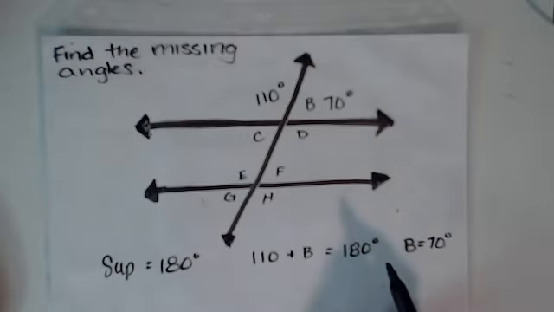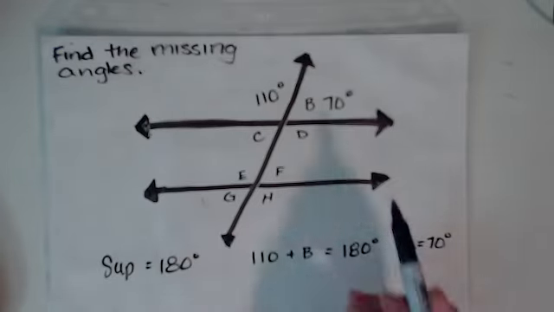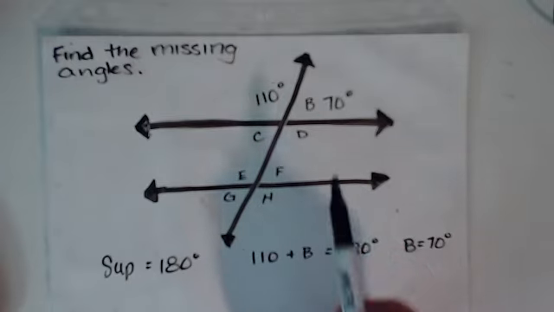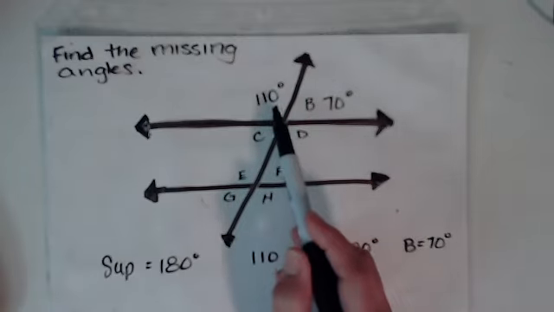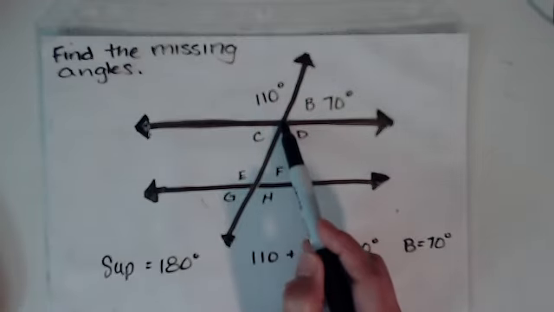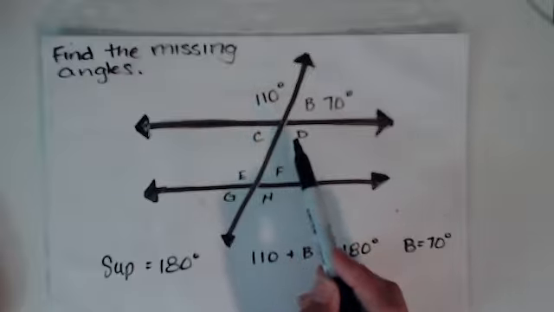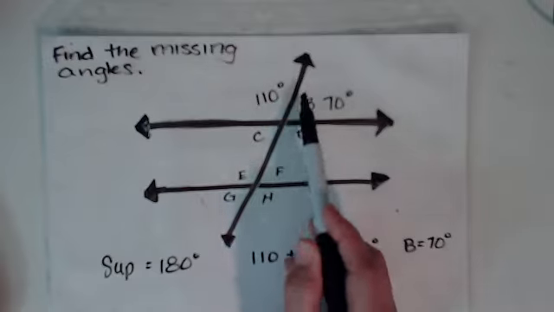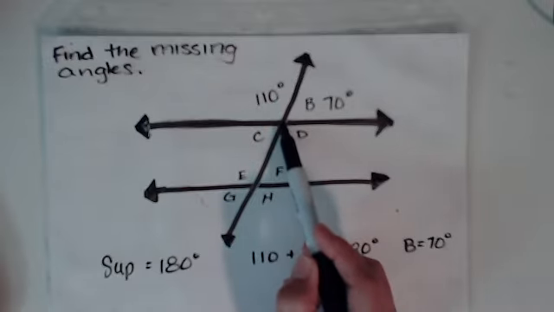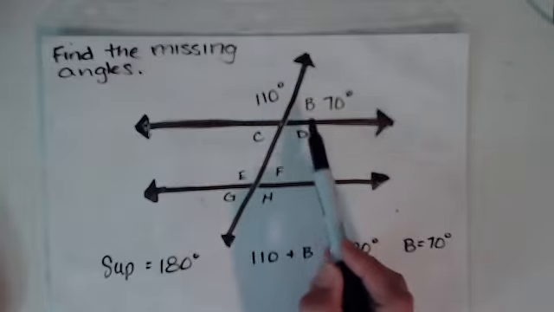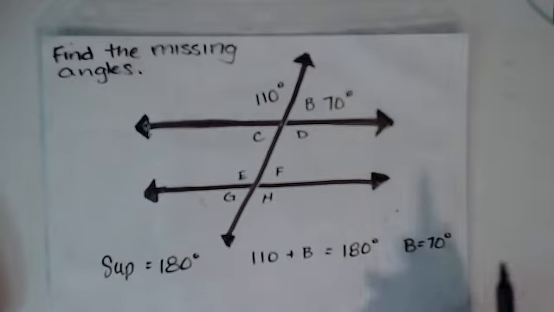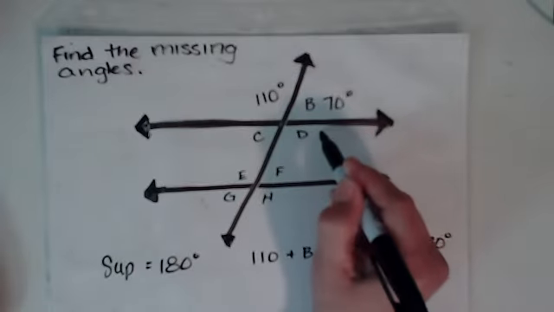Now we can use our vertical angle rule and find C and D. According to the vertical angle rule, the angle that shares our vertex but does not share lines is equal. So angle D is equal to 110 degrees.